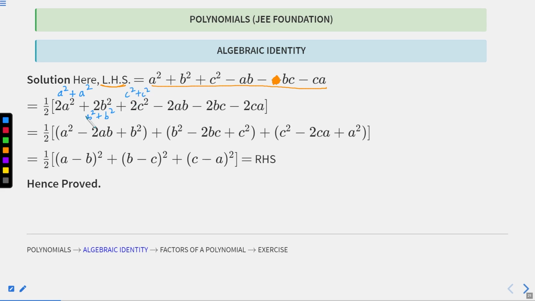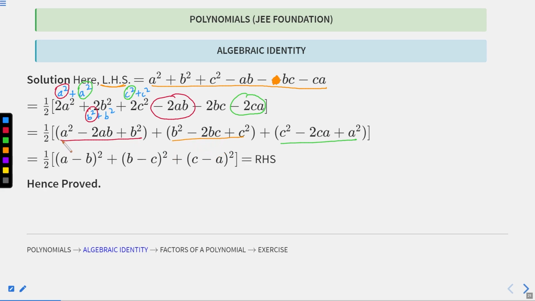So using this a square and this b square and this minus 2ab, I know this makes one pair. Then use another a square, another c square, and this minus 2ac makes this pair. In the similar manner, this pair will be there.